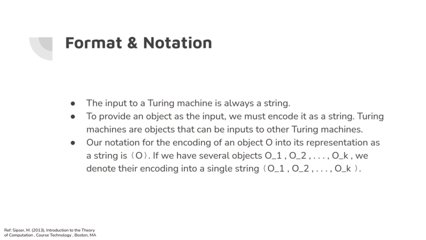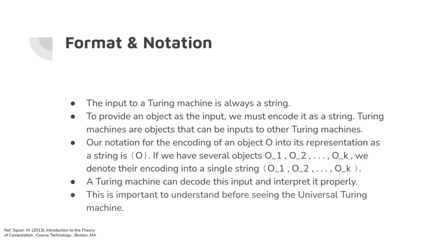However, our universal Turing machine will also need to take in the input string to the Turing machine M. So if we have several objects or strings, we denote their encoding into a single string as ⟨O1, O2, ..., Ok⟩, where k is an arbitrary integer. Then the universal Turing machine can decode this input and interpret it properly.